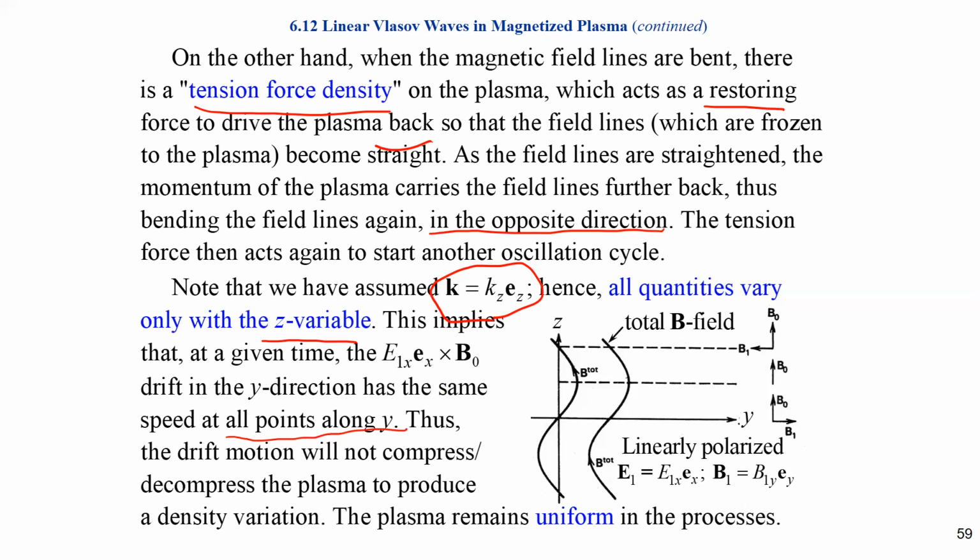Thus the drift motion will not compress or decompress, so this E cross B drift does not affect the plasma density variation. It only oscillates, but does not compress or decompress. The plasma remains uniform in the process of the Alfvén wave. So this is a very interesting phenomenon. Alfvén wave.